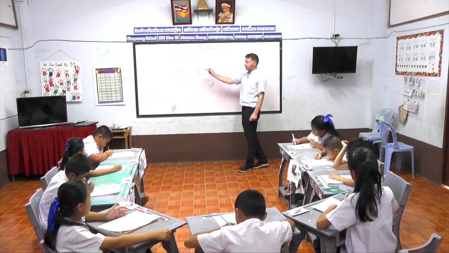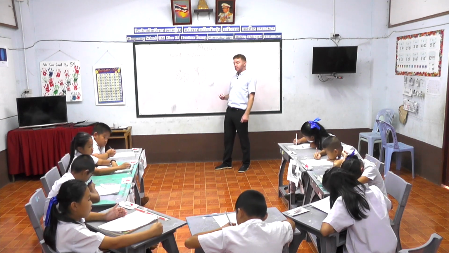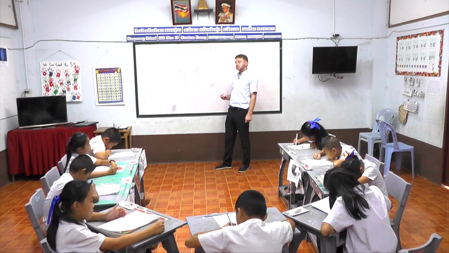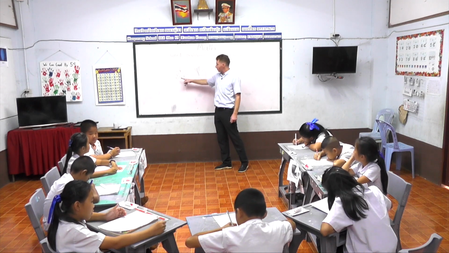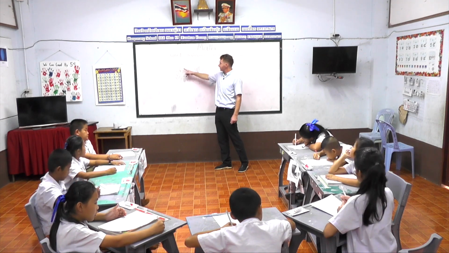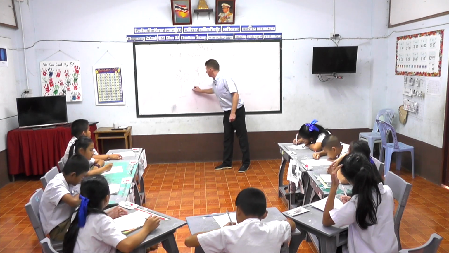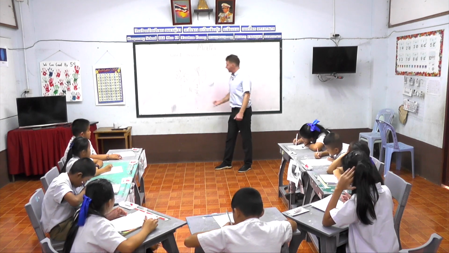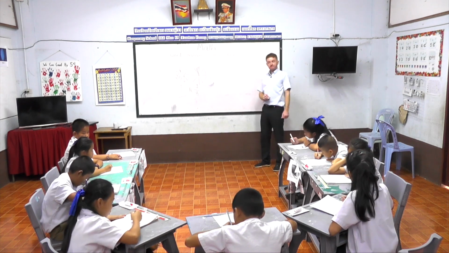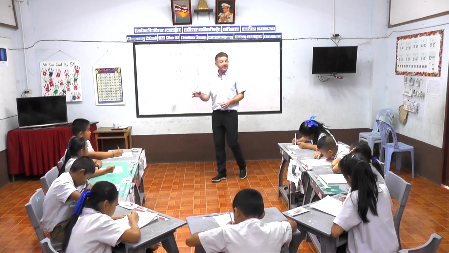You see, 3/8 plus 6/8. What's 3 plus 6? 1, 2, 3, 4, 5, 6, 7, 8, 9. So now we have 1 and 1/8. 1 whole tank and 1/8 of the second tank.